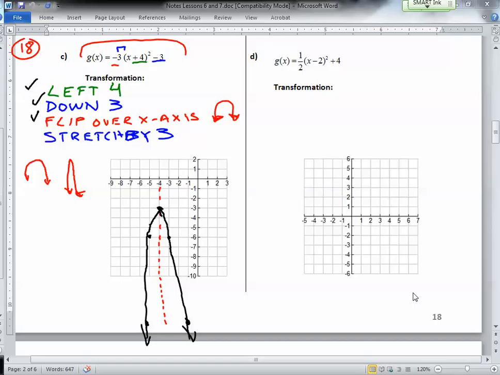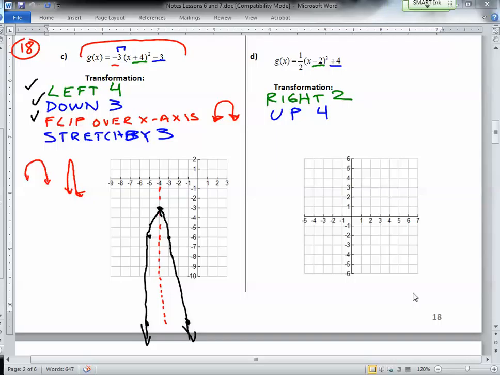And our last one over here, we're going to see this one actually has a vertical compression. But let's start with our shift to the vertex. I got a -2. That means I'm going to shift right 2. Your horizontal shift is the opposite of what you expect. I got a vertical shift of +4. That means I go up 4. Your vertical shift is what you expect.